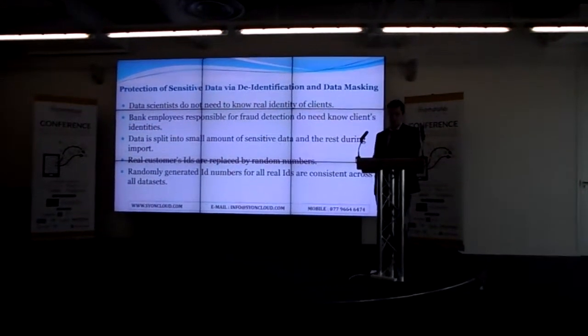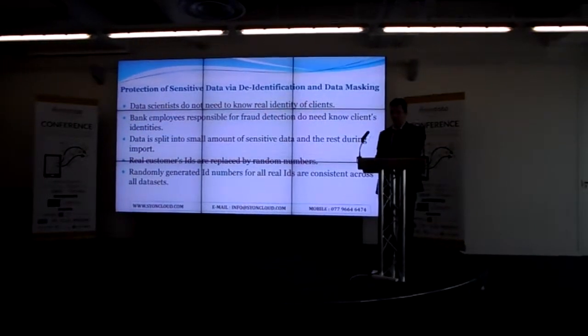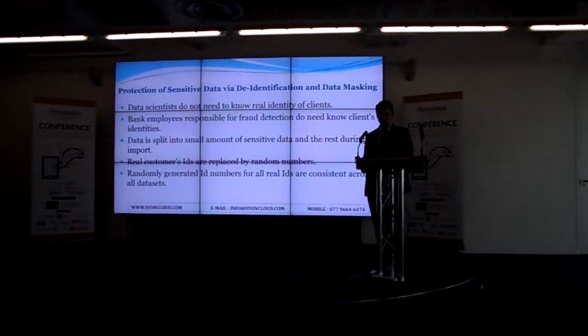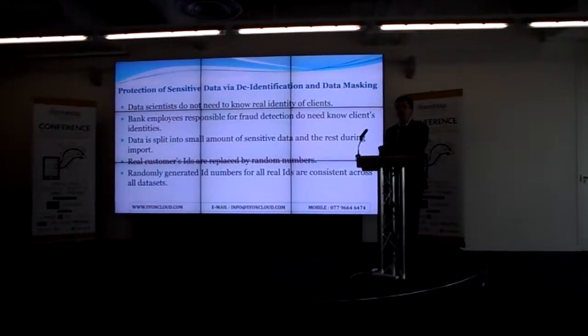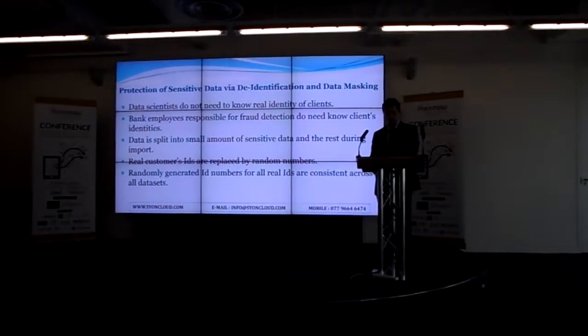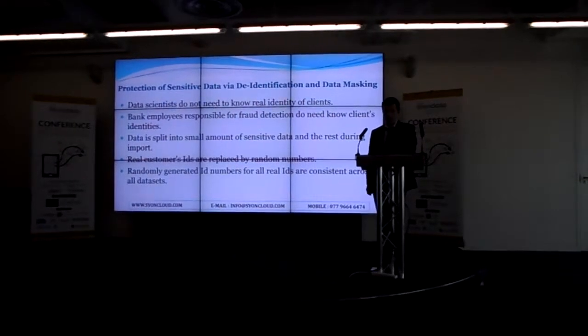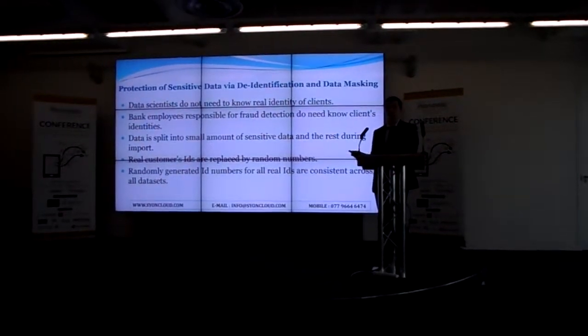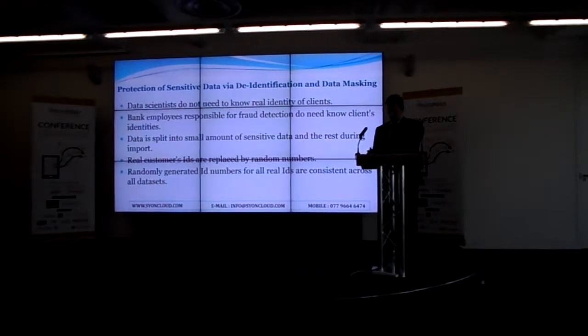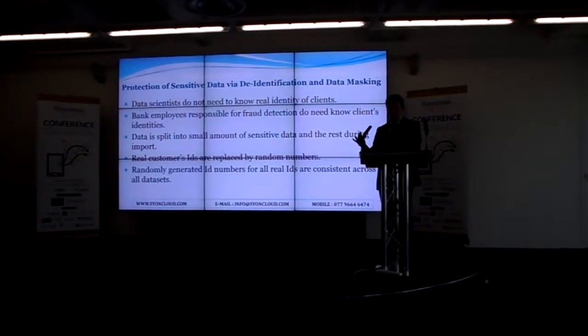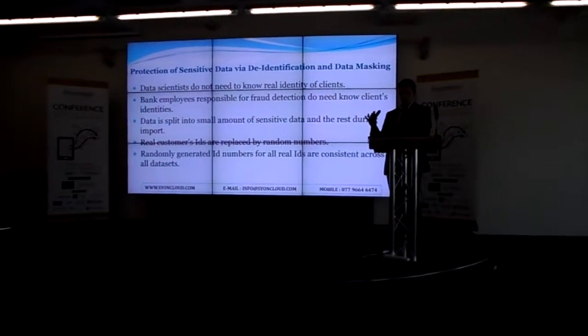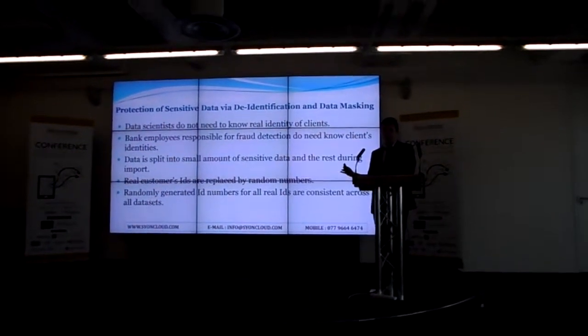In order to perform analytics on top of the bank transactions and credit card data, scientists, the people who actually create and work with the data, do not need to know the real identity or full addresses of the clients, even though they are employees of the bank. So we try to limit the information to the people who need to know it, but not anybody else.